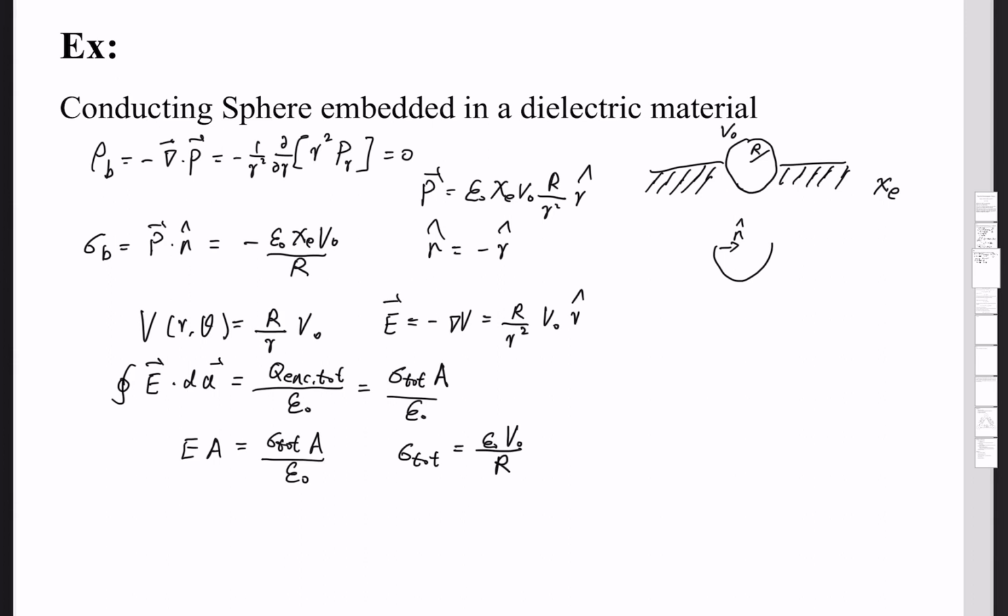Here, because the electric field is spherically symmetric everywhere, we can do this. If the electric field is not a constant, if it is dependent on the angle, then we cannot.